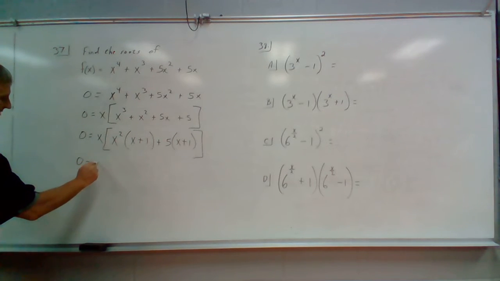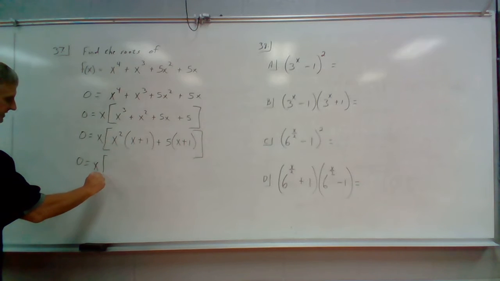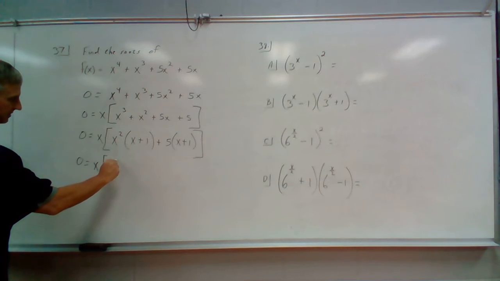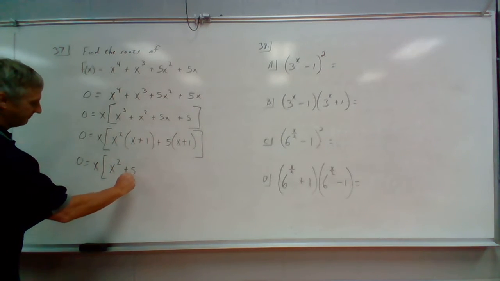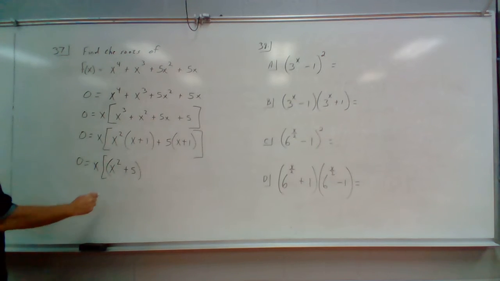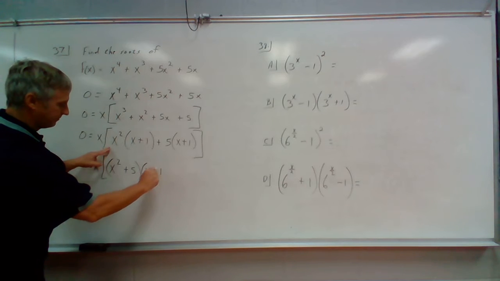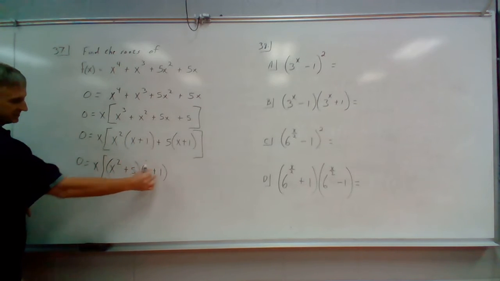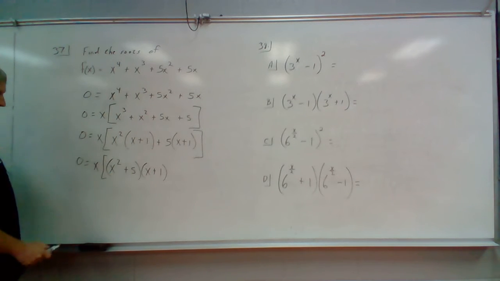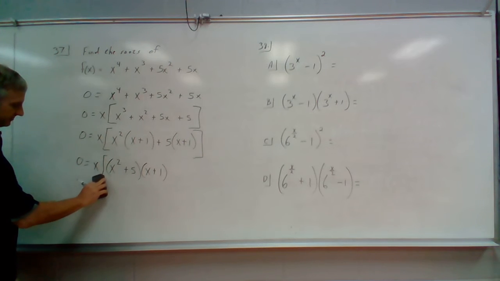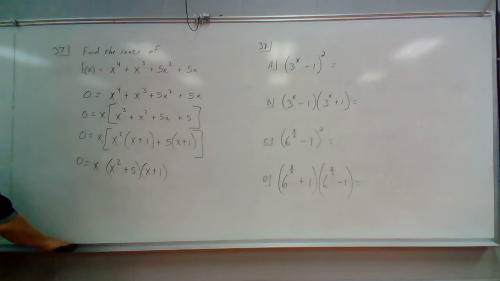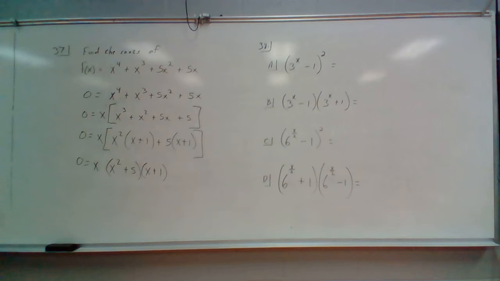So we have 0 equals x times x squared plus 5 times x plus 1. I factored the x plus 1 to the outside. That left me with x squared plus 5. And I really don't need these anymore because all I'm doing is multiplying them.